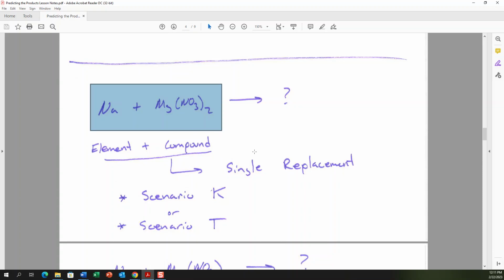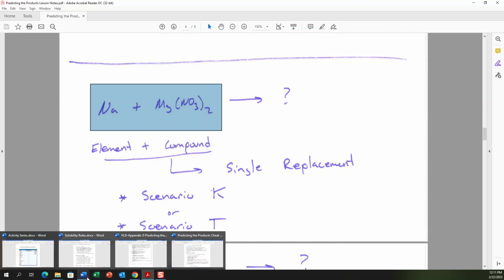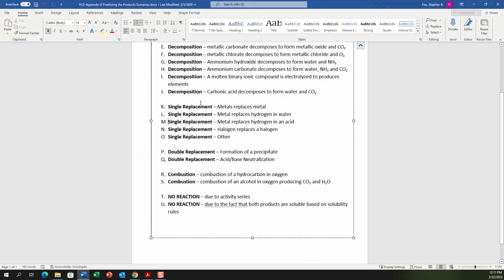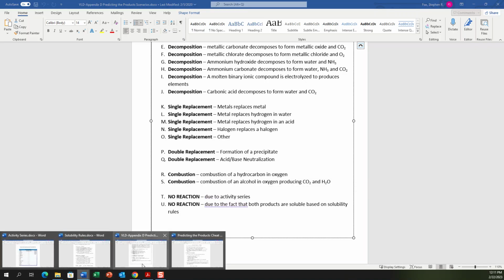So let's go to our predicting the product scenario. So let's look at the types of single replacement reactions we have. So this one would be the first single replacement on the list, scenario K. Metal replaces metal. So if we go back to our scenario, it'd be sodium replaces magnesium, right? But the other thing it could be is scenario T, okay? So here's the big thing.